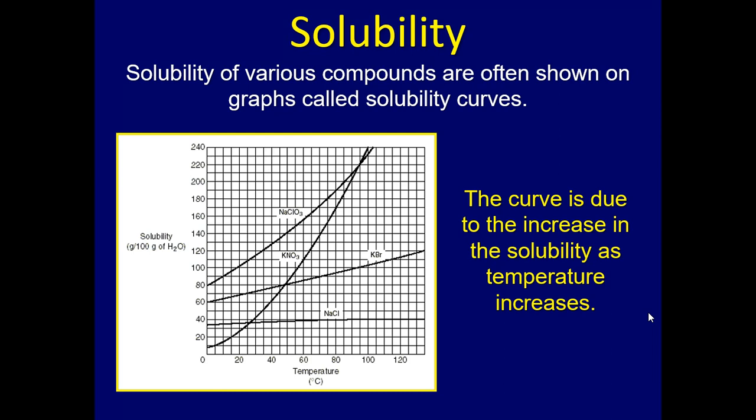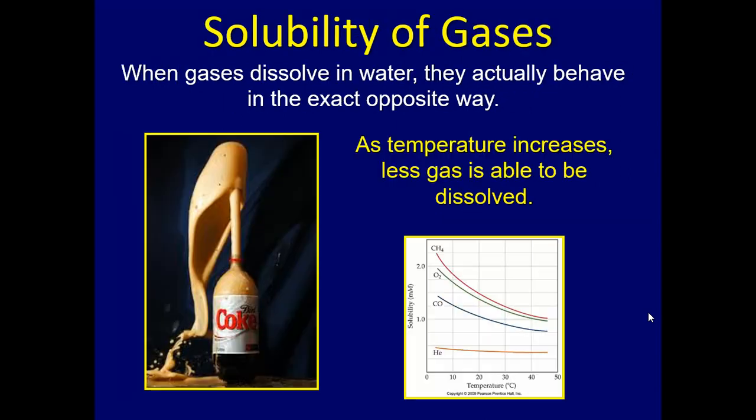You'll notice that most of these curves increase exponentially as you increase temperature. These are all solids, the ones listed in the table before. So as you increase temperature for a solid solute, more of that solute can be dissolved.